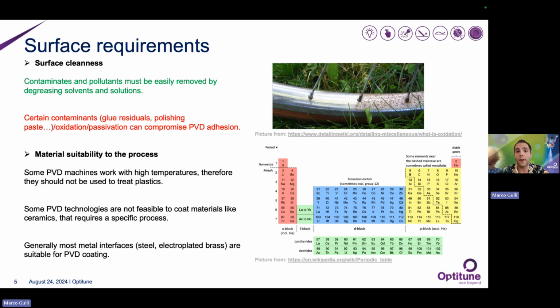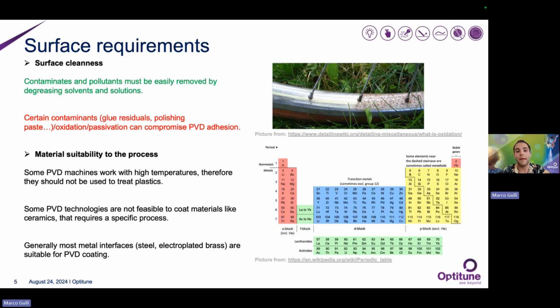On the other hand, of course, we cannot work with other kinds of phenomena like oxidations and passivations, because these would change the behavior of the surface itself. So the PVD adhesion could experience some issues here.